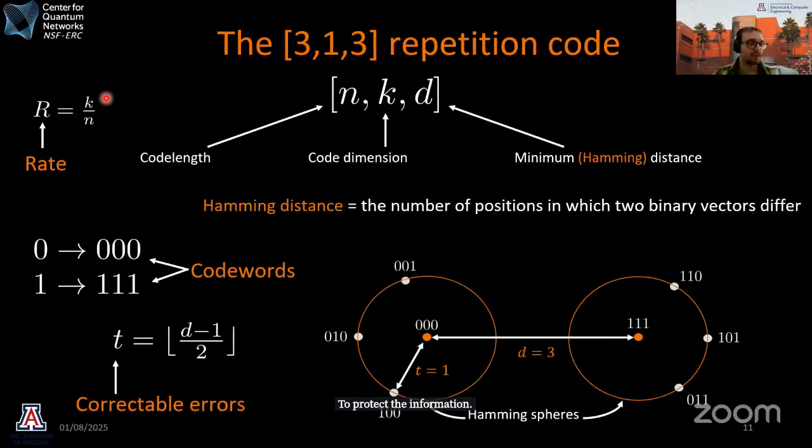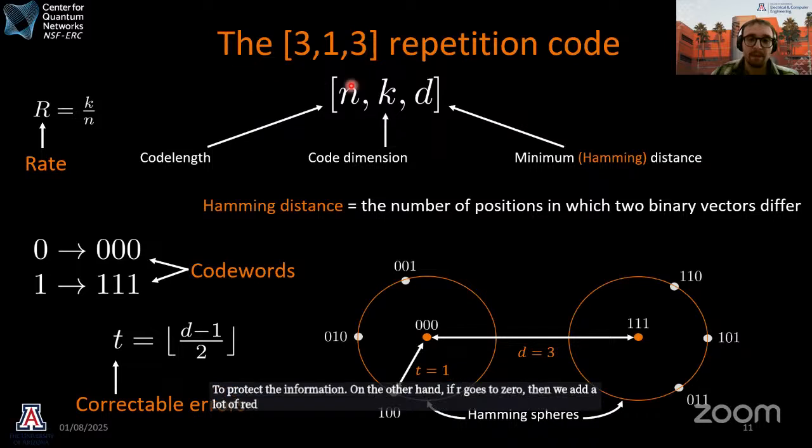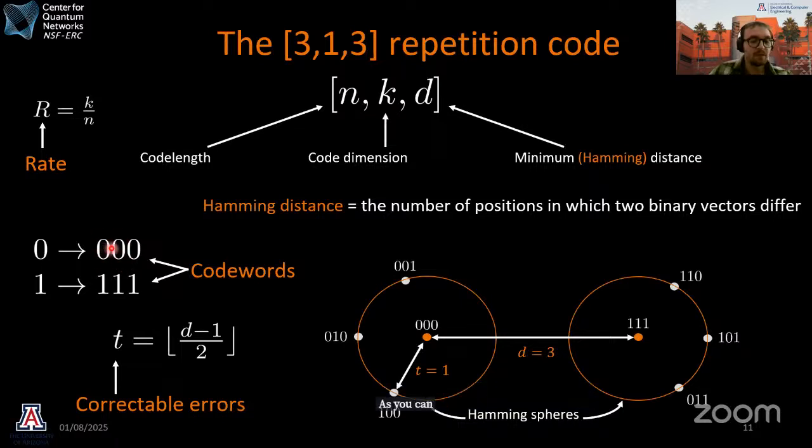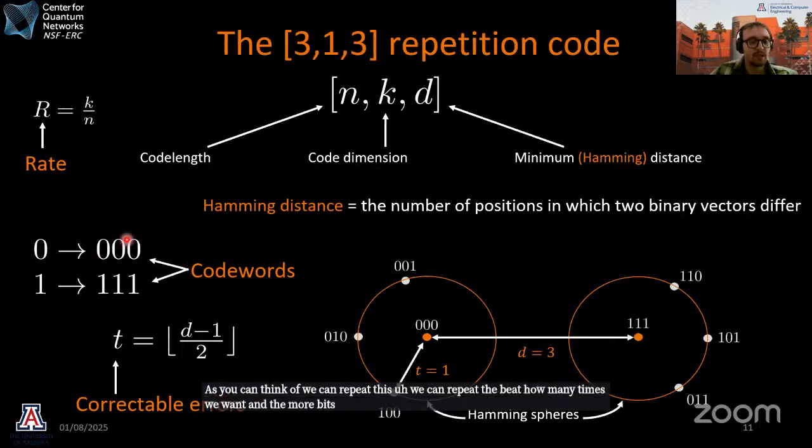On the other hand, if R goes to 0, then we add a lot of redundancy. And the repetition code is generally a code with very low rate, as you can think of. We can repeat the bit how many times we want, and the more bits, the more redundancy we introduce, and the lower the rate will be. But also, we will be able to correct more errors.